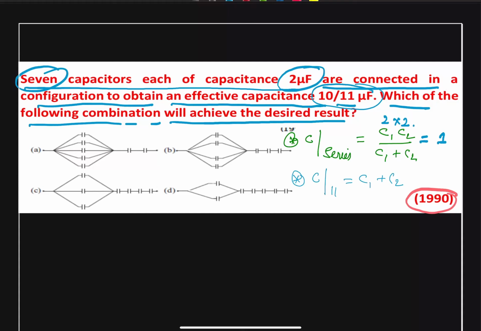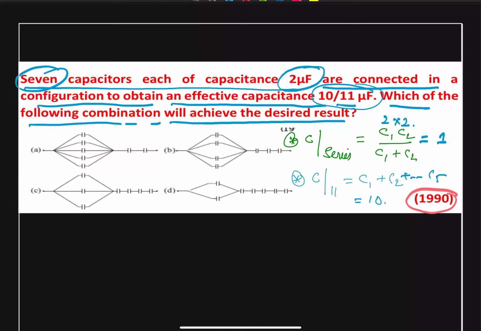And obviously the other 5 will be connected in parallel, because that will be giving us a 10. So this will be C1 plus C2 and up till C5, and this will be coming as 10.